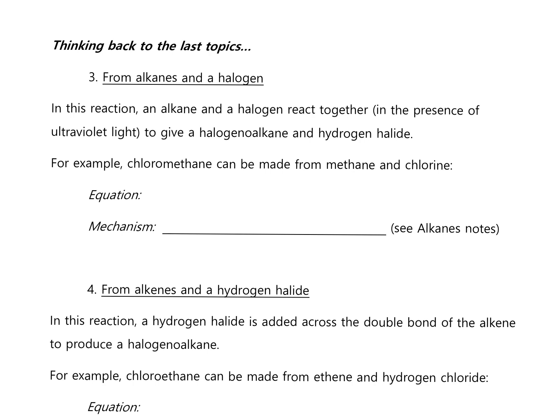Because when we studied alkanes, we saw that they reacted with halogens in that photochemical substitution reaction to give a halogenoalkane and a hydrogen halide. For example, one of the reactions we looked at was chloromethane being formed from methane and chlorine.